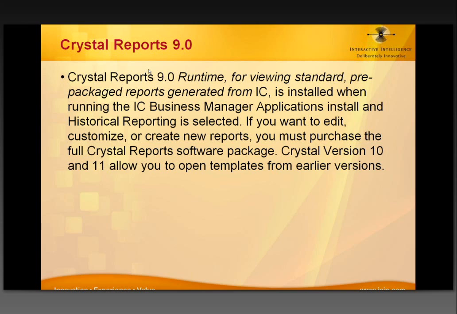So in order for us to look at, modify, or create reports that IC can make use of, we need to make sure that we're using Crystal and that normally it is version 9. I can get later versions of Crystal, but I want to make sure that I'm saving the RPT file that I've created into a compatible format, which is Crystal Reports version 9.0. Okay, so anything you modify or save, do make sure that you've saved it in the appropriate version.